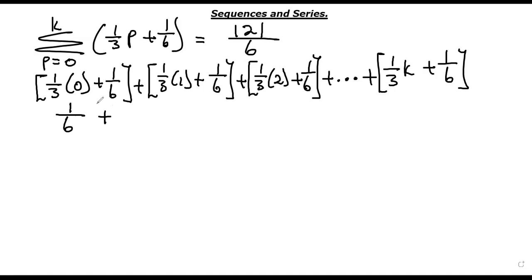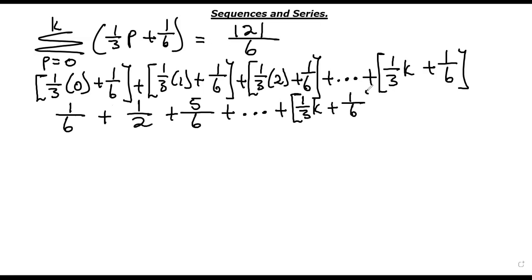In order to get the second term, you substitute p equals 1, so you get a half. In order for you to get the third term, you substitute p equals 2, so you get 5 over 6. And this goes all the way to the last term, which we obtain by substituting p equals k.